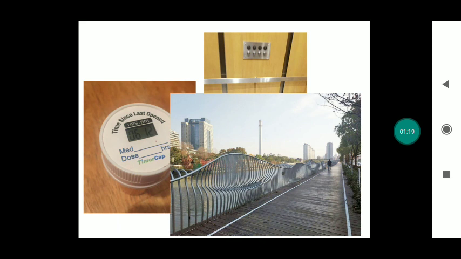See, you can see there is a timer embedded into a medicine box. It will show time since last opened. It is showing 6 hours, 6 minutes, 12 seconds. It is not open. So embedding the timer into this medicine box, or you can see there people can sit on this fencing which is near the lake.